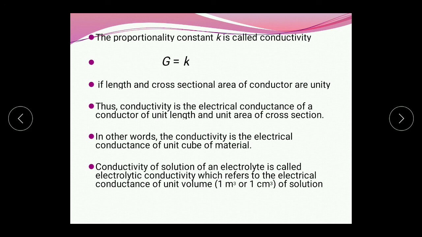The solution should be measured in cubic meter or cubic centimeter. If that volume is 1 cubic meter or 1 cubic centimeter, then conductivity of a solution of an electrolyte is called electrolytic conductivity in case of electrolyte conductors. Understood?